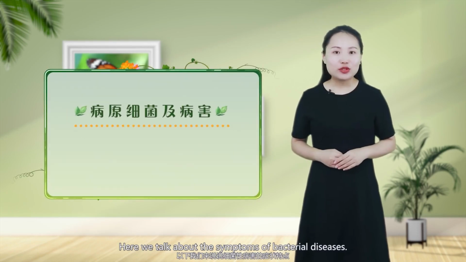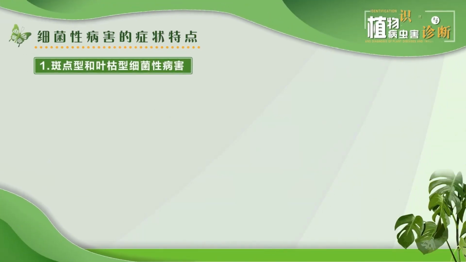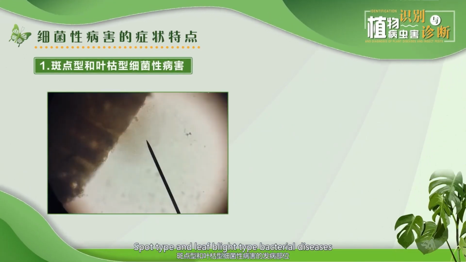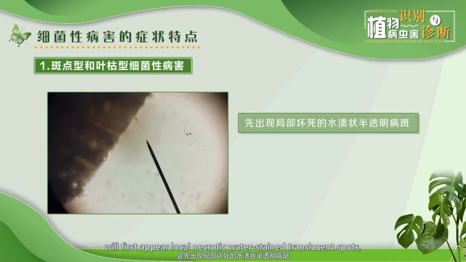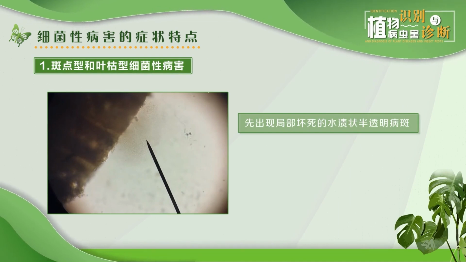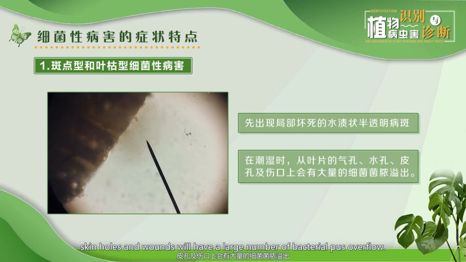Here we talk about the symptoms of bacterial diseases. The first category is spot type and leaf blight type bacterial diseases, which first show local necrotic, water-stained, translucent spots. When wet, a large amount of bacterial pus will overflow from the leaf pores, water holes, skin holes and wounds.